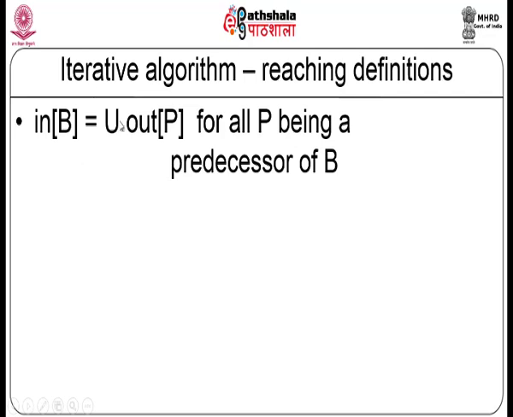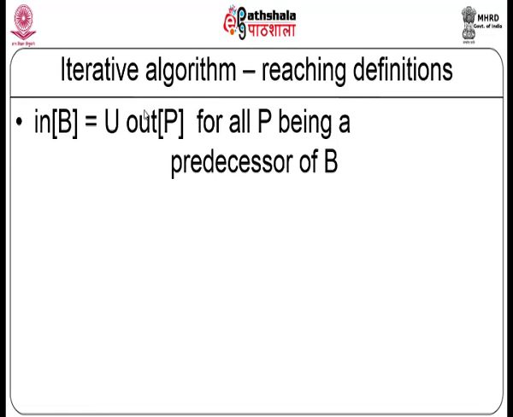Now, your assumption is that in of a particular block is computed as the union of the out of all its predecessor blocks. Something will come in, for example, block B1 is there, block B2 is there, B1 will definitely have an input to B2.